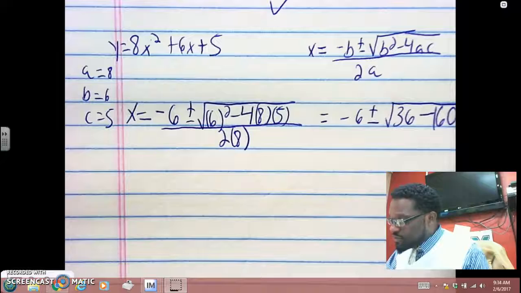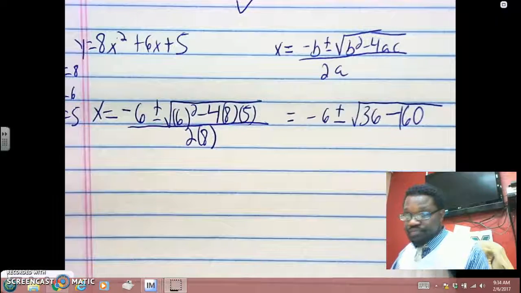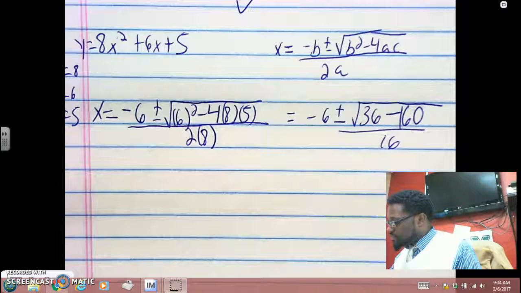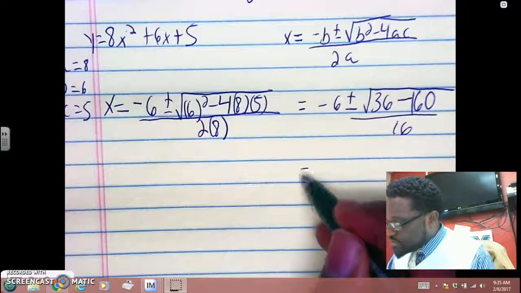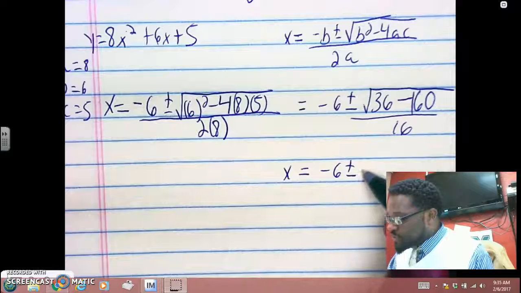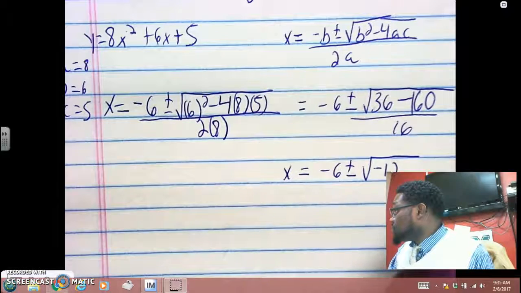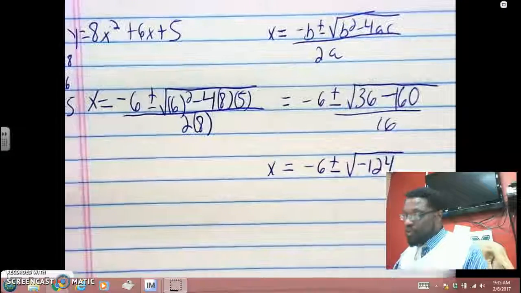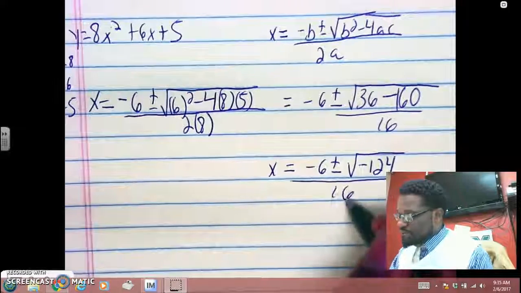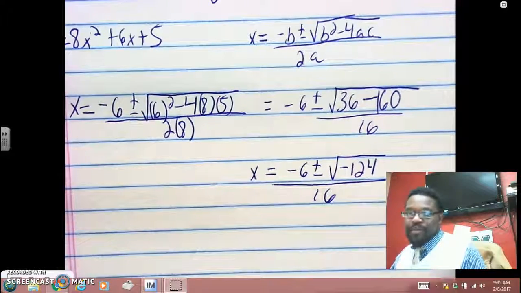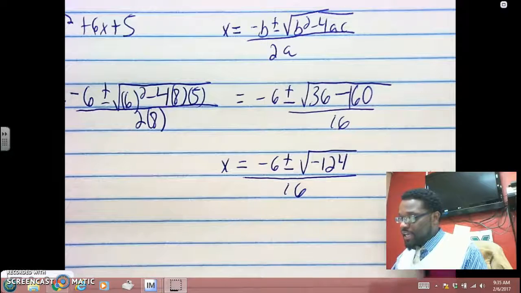I was right the first time, 160. Brain fart. All over 16. So this actually simplifies to x equals negative 6 plus or minus the square root of negative 124 over 16. And again, once we got here, we said stop. We know we don't have to graph that, but we need to know how to simplify this further.